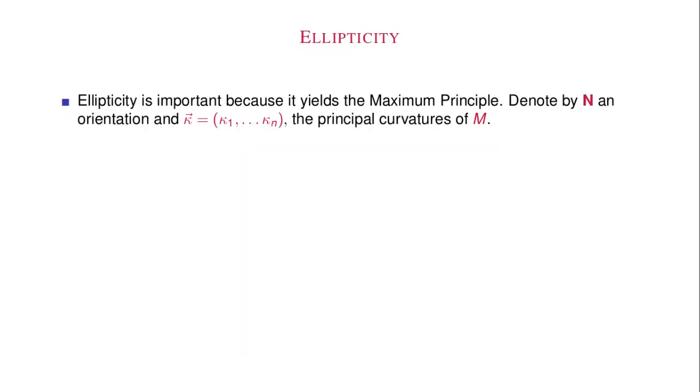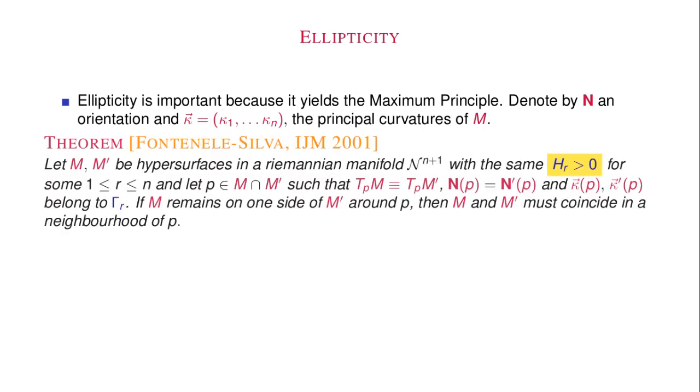But let me explain when and which is the maximum principle in this case, because as I told you, you need to be in the positive cone and so on. So we denote by n the orientation on our hypersurface, and we take the vector of principal curvatures, and then we have this maximum principle when H_r is positive, and this is due to Fontenele-Silva.